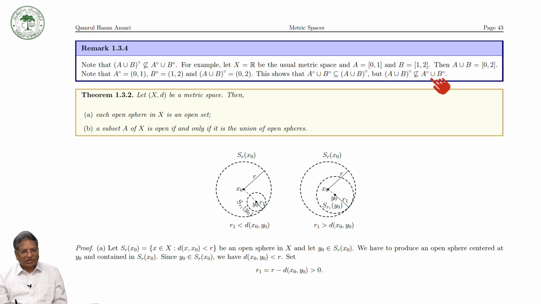So two things we will prove. The first is that each open sphere in X is an open set, and the second is that a subset A of X is open if and only if it is the union of open spheres.